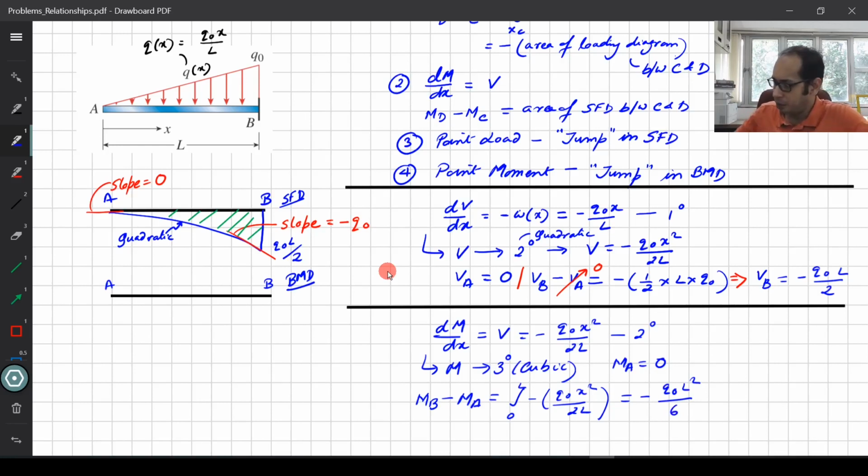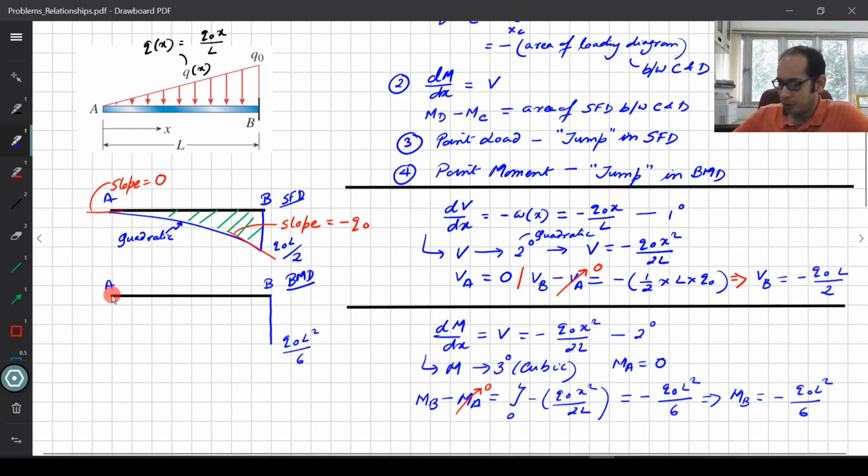And I know that my MA is 0, so this gives you that your MB is minus Q naught L square by 6. So at this point I have a 0 moment, and here I have negative Q naught L square by 6. Let me draw that vertical drop. So this is Q naught L square by 6.